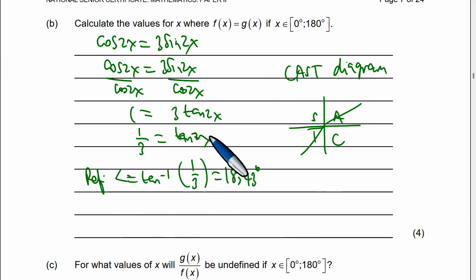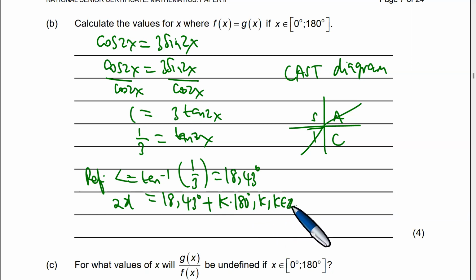So which means that obviously we have the tangent of 2x. So we're going to have 2x equal to 18.43 degrees plus the period of the tangent, which is 180 degrees, times k, k being an integer. Now this one is between 0 and 180.